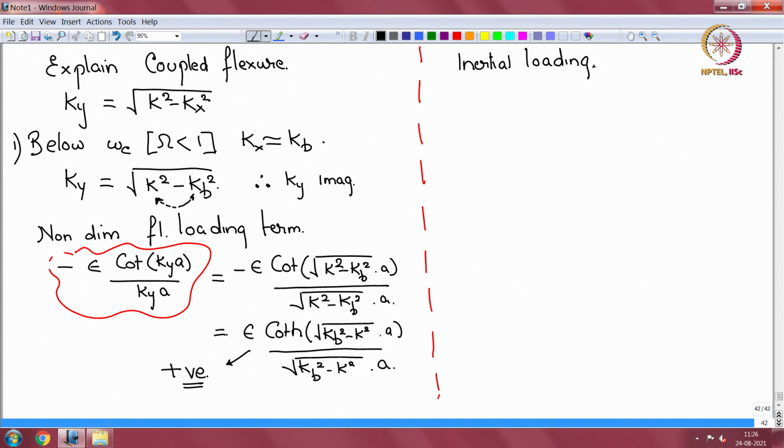And so what it does is slow down the coupled flexure.